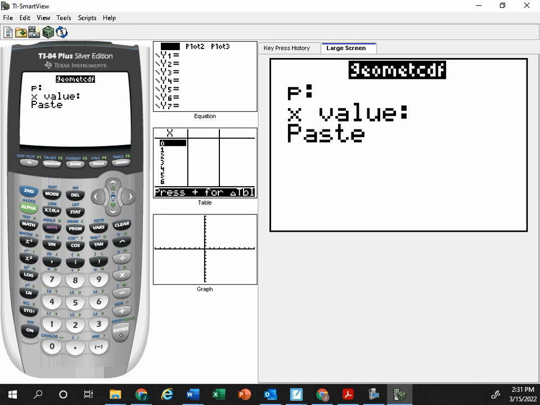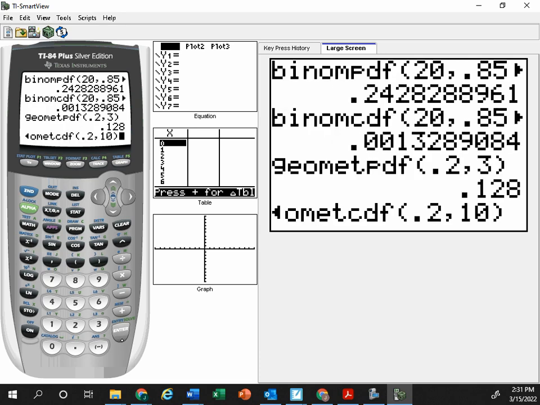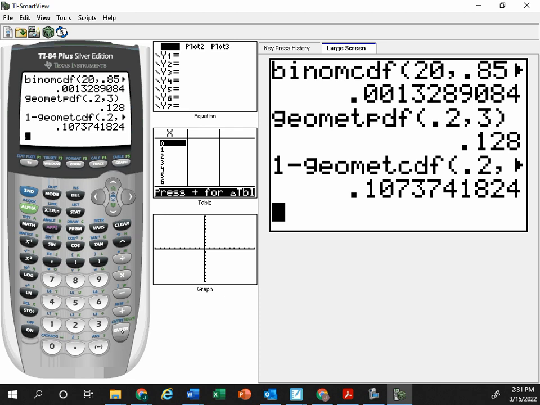So I know the P is 0.2. What do you think the X value is? 10, yes. Okay, because we said less than or equal to 10. All right, so I'm putting that 10 in. And we are getting 0.107. So there's about an 11% chance that it takes more than 10 attempts to start the motor.